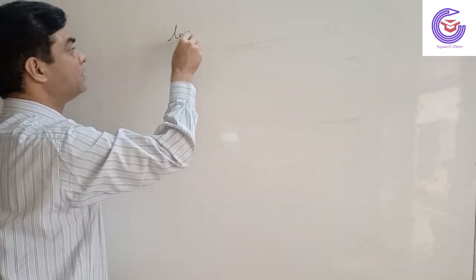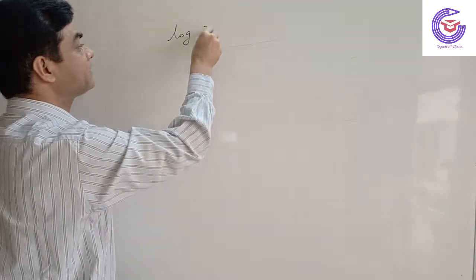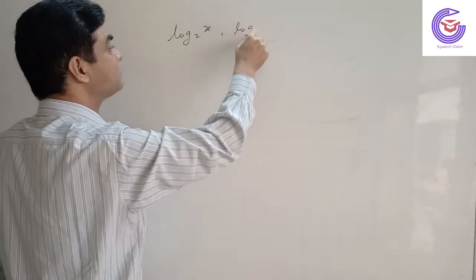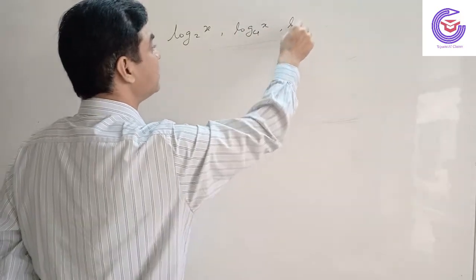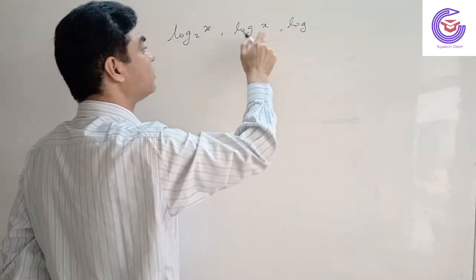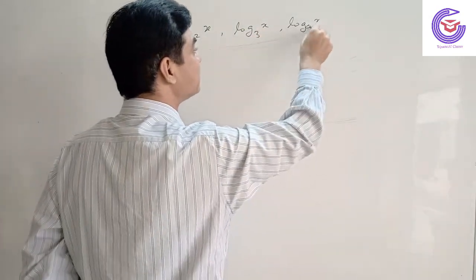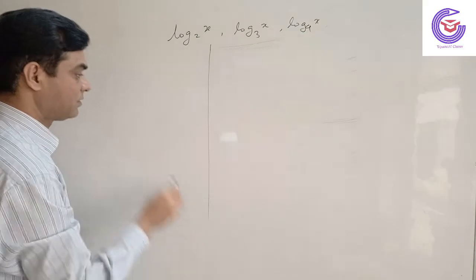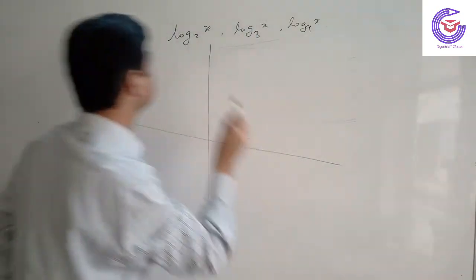In the next part, we will plot a comparison of graphs. Suppose I want to plot log x base 2, log x base 3, and log x base 4. This is your comparison.